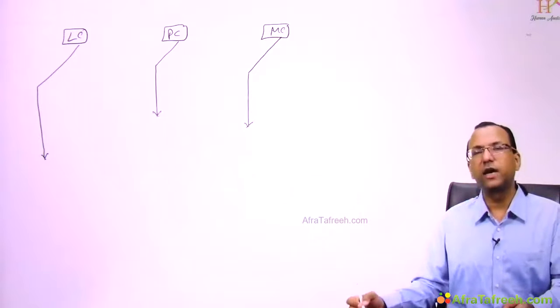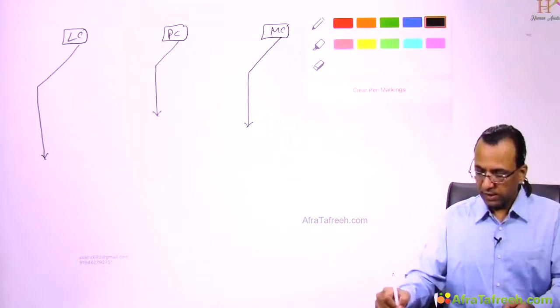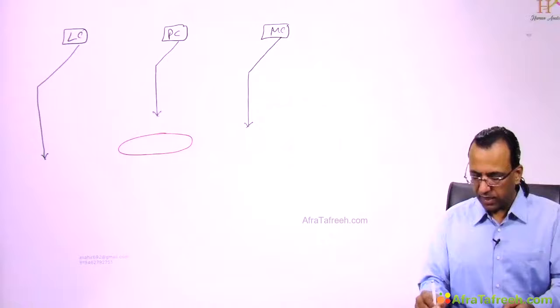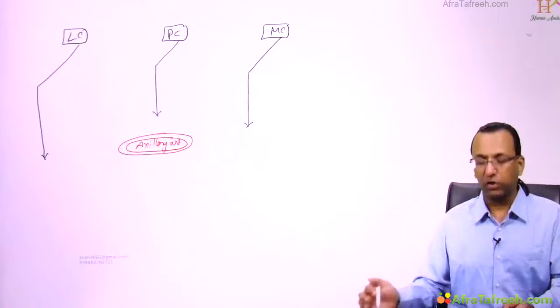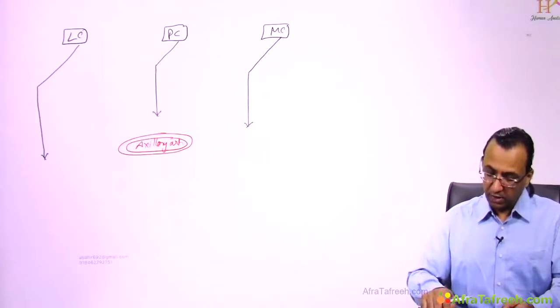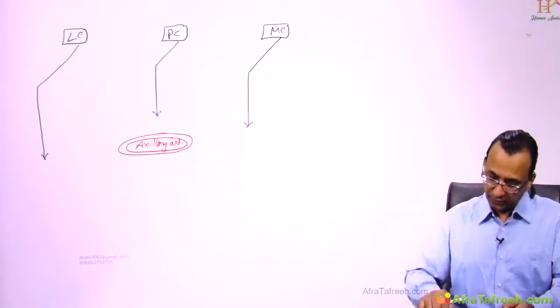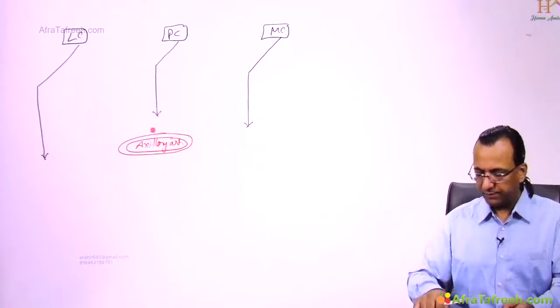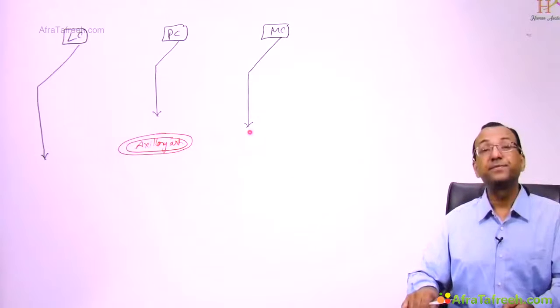And how are these named? This is the axillary artery in the axilla, and it decides the name of the cords, whether the cord is lateral to the artery, behind the artery, or medial to the artery.